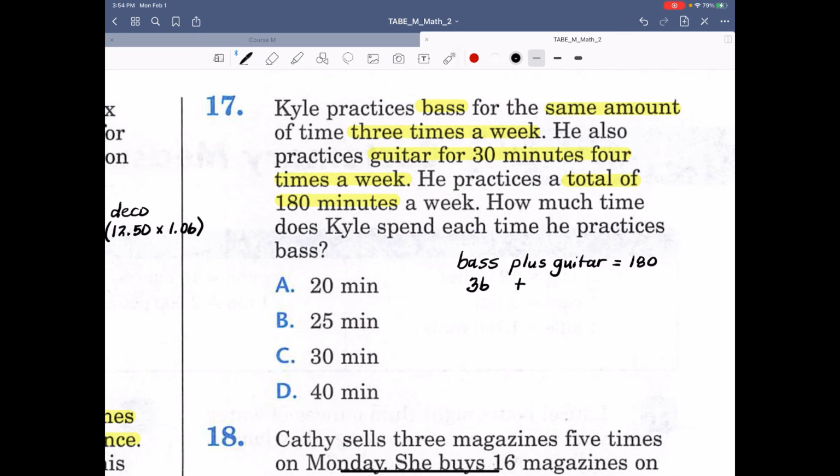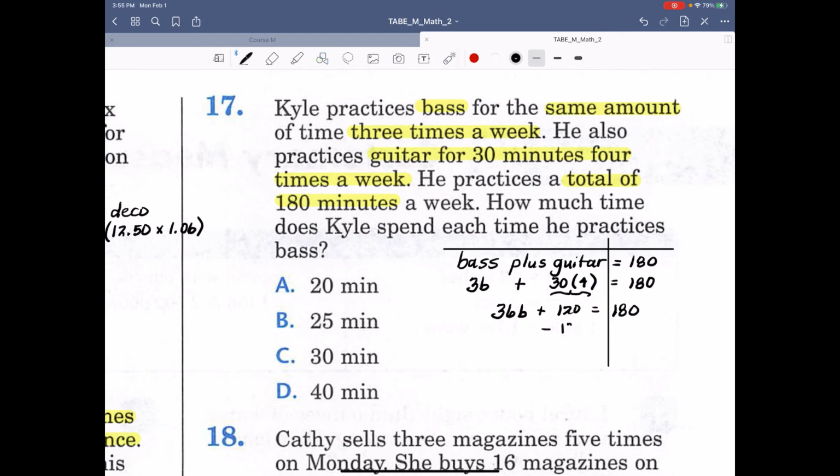We know that he practices the guitar for 30 minutes 4 times a week. And again, that's going to equal 180. So I have 3b plus 120, you do this multiplication, is 180. So I have an algebra equation here that we need to solve.